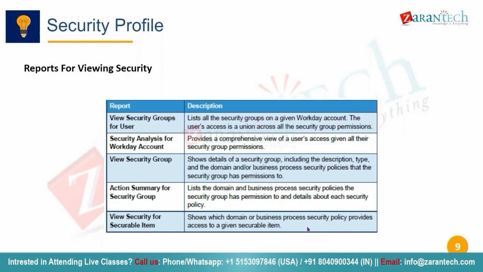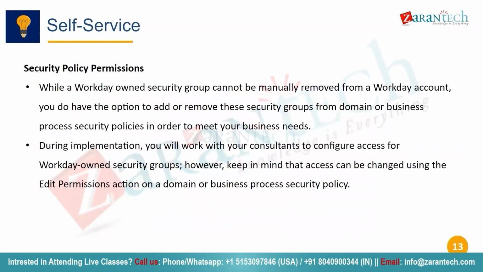Let's say for report writer security, what are the securitable items, such as create a report, run report, or any different kind of task level items? Based on the task level, these are the securitable items the security group has. So you can view this report if you want to understand detailed security or the domains related to that security. These are all the delivered reports; you can just access and view them.